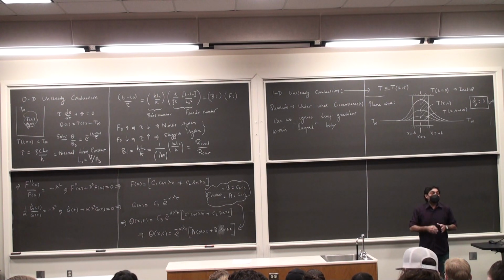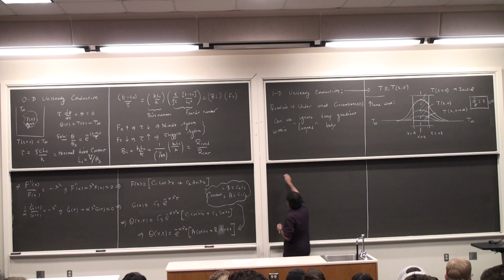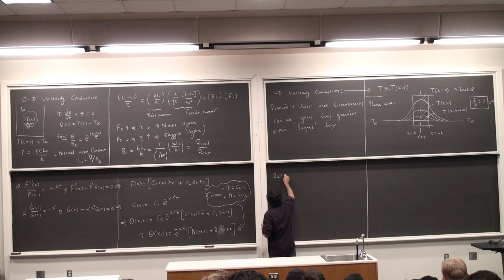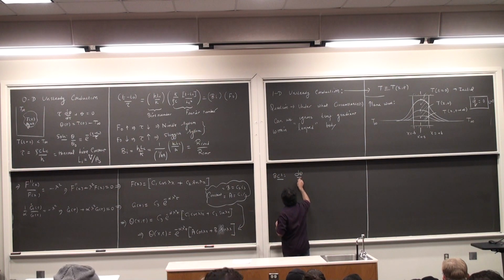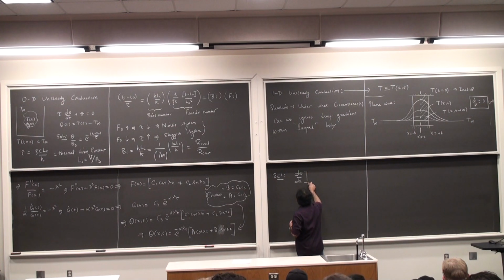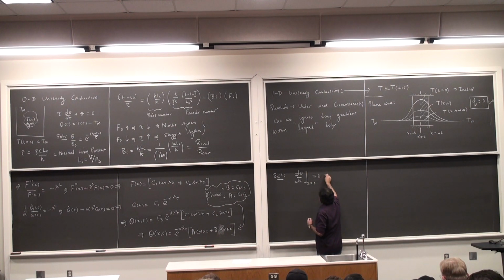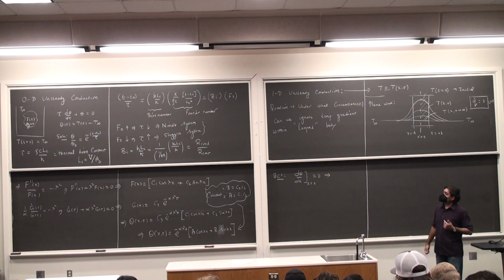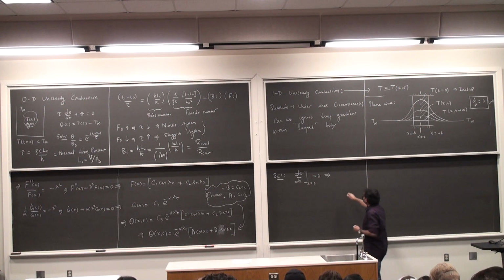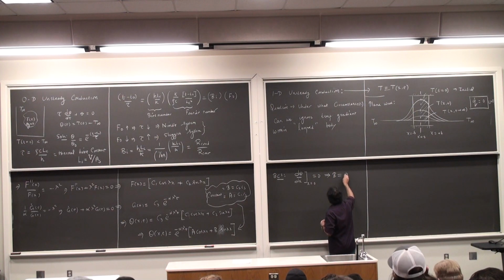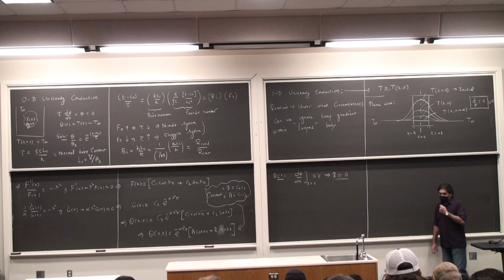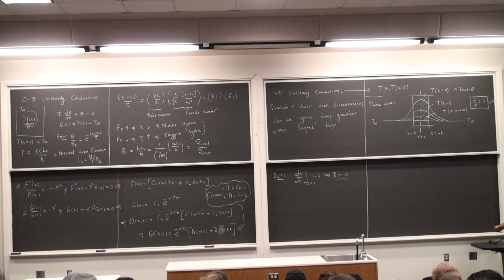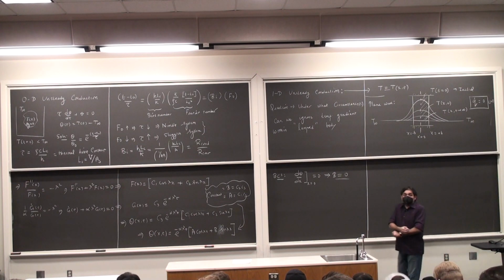Alright, now we start substituting. So boundary condition d theta by dx at x is equal to 0 is 0. I'm not going to do the substitutions. If you do the substitutions, you'll figure out that capital B is 0. I'm going to do the second boundary condition.